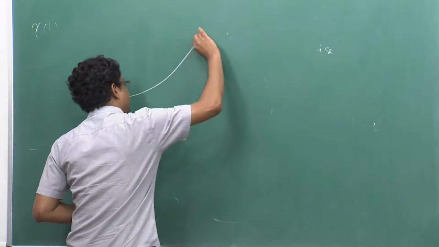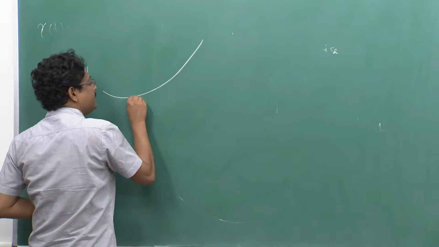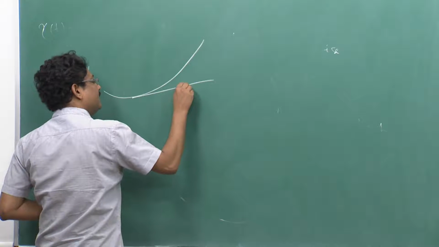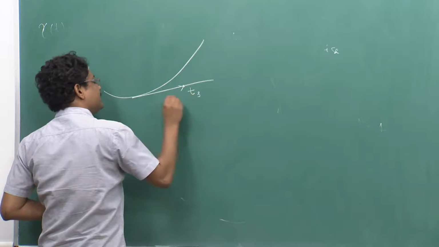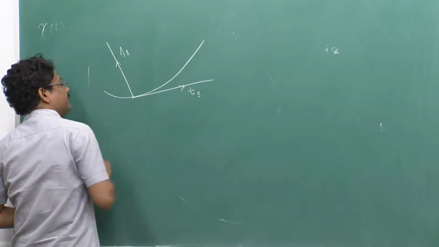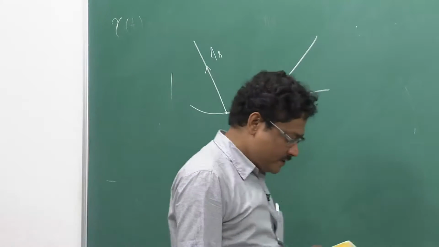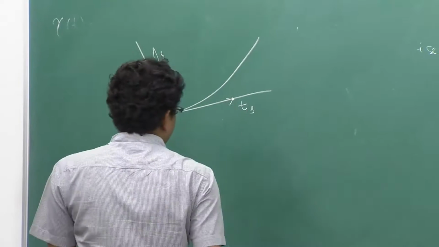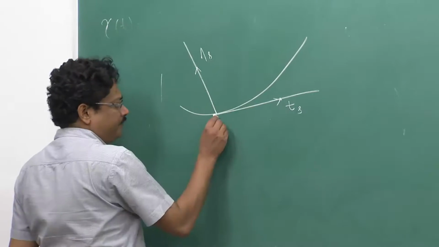Okay. Let me go to the board again. Suppose this is my curve, here is the point and this is the unit tangent vector T s, and this is eta s. So, what is the geometric interpretation of k s? Okay, what do I do?